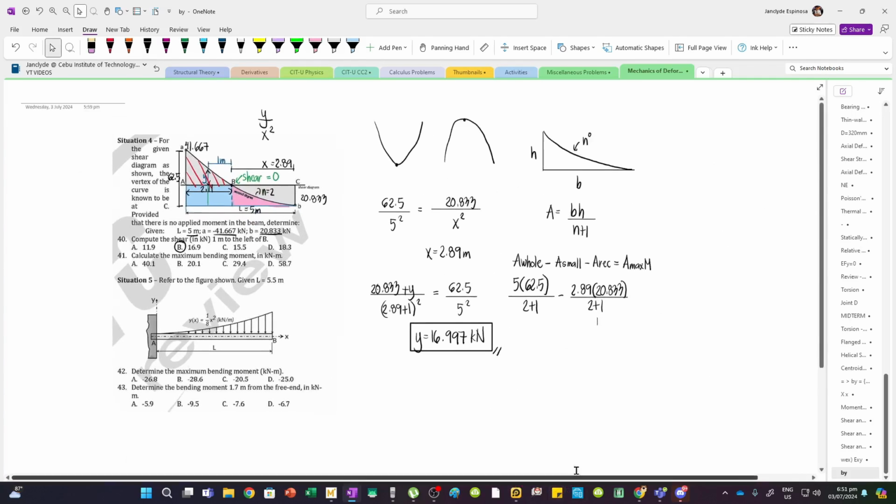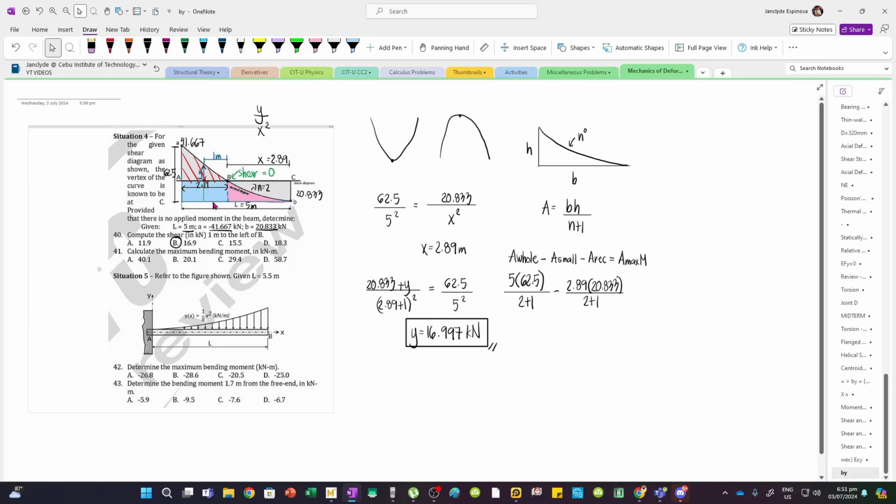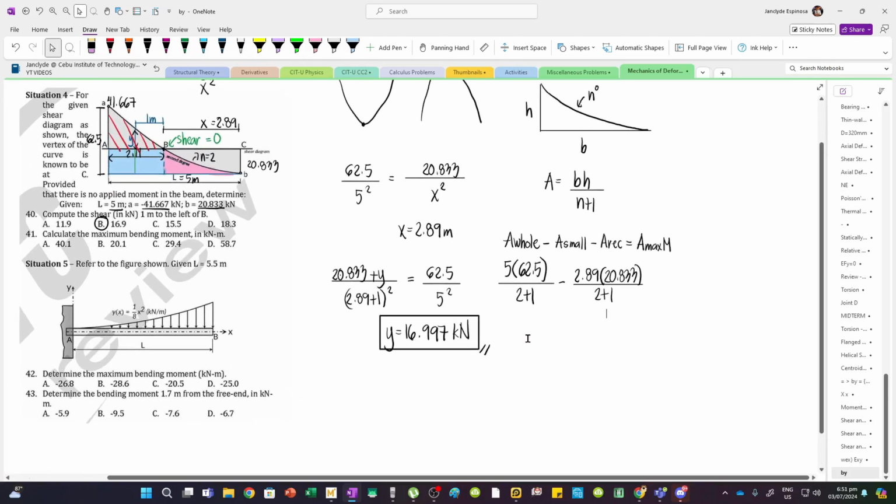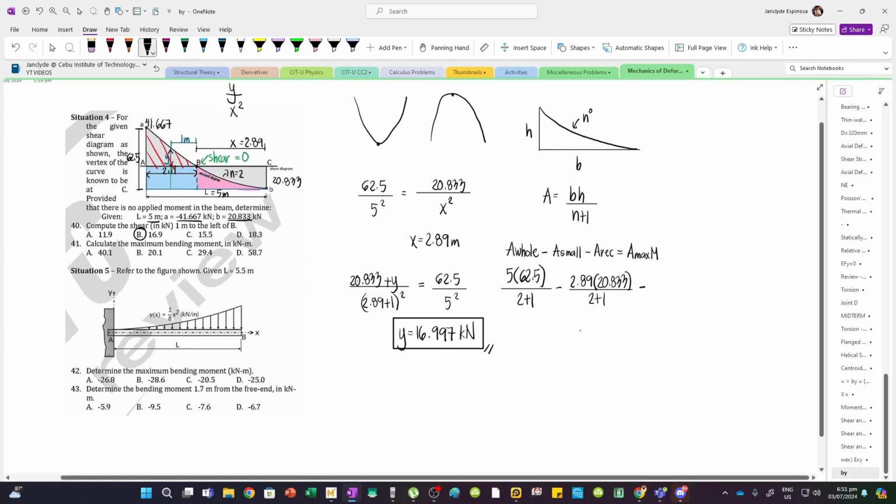And then finally, we're going to subtract this blue area. So that's just going to be the area of a rectangle. So minus, this distance is 2.11, so 2.11 multiplied by the height, which is 20.833.